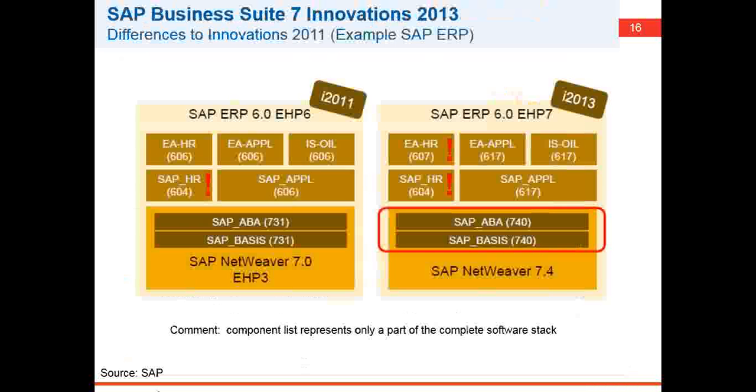And except for HR, which when you implement Enhancement Package 7 remains at component version 6.07, all other components, when you implement EHP 7, become 6.17 is the version number. And this is only a small part of the complete software stack.